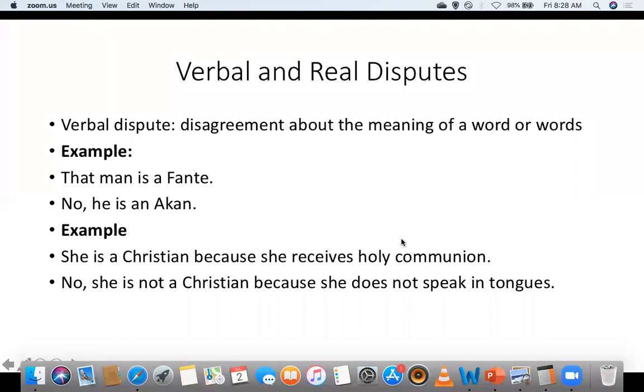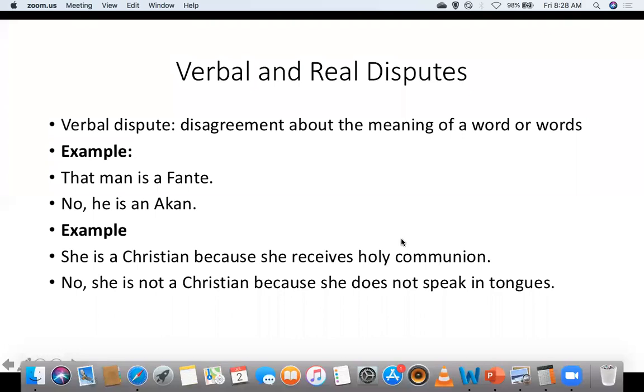We have it because the second person doesn't understand that a Fanti is an Akan. So all we need to resolve this argument is to inform the second person that a Fanti is an Akan. And then the disagreement evaporates or disappears.